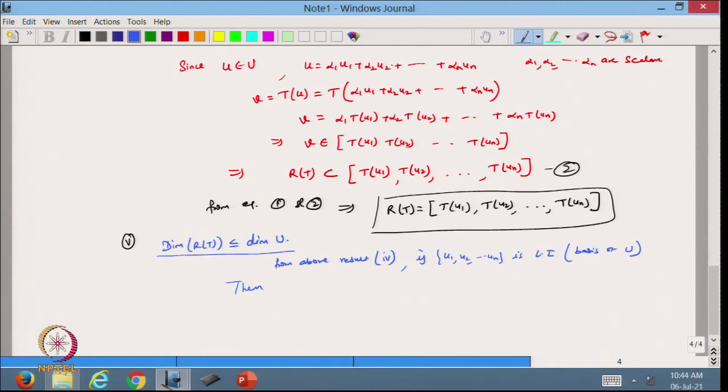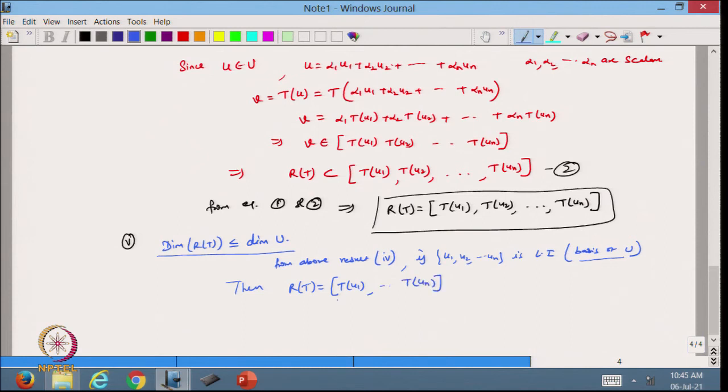Because they span the whole U and are linearly independent, it becomes a basis of U, and from here I know that R(T) will also be spanned by T(U1), up to T(Un).